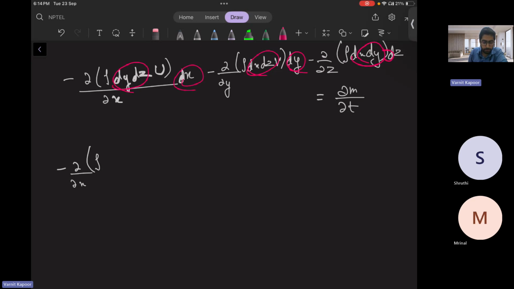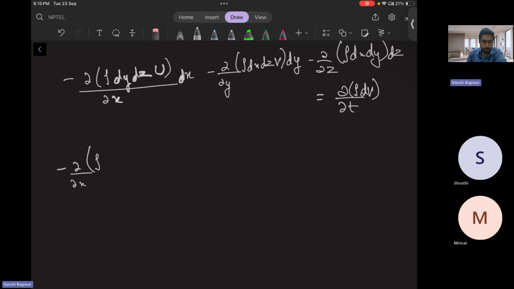And this mass m can also be written, with that cancelling out from the right hand side, as the total rho into dx dy dz, that is your total volume.